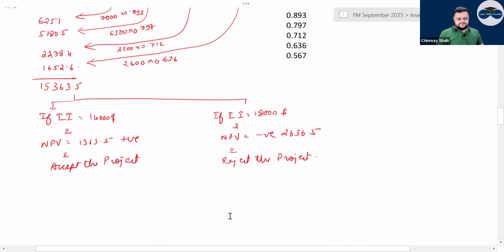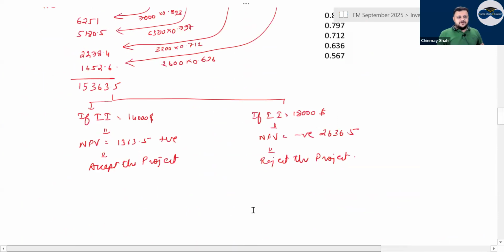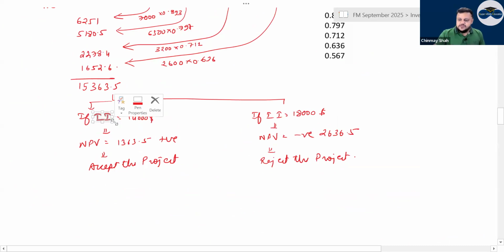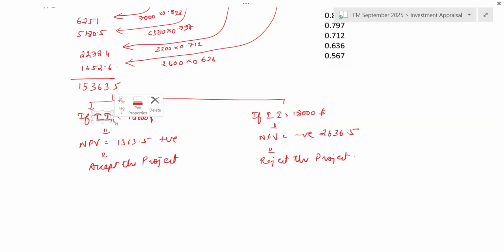Now, whenever my NPV is positive, hear me out. My initial investment: is it greater than the sum of present value of all future cash flows or less than the sum of present value of all future cash flows? Less than.